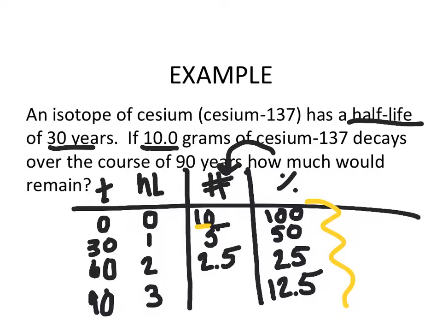And for half-life 3, we have half of 2.5 left, which is 1.25. So our answer is after 90 years, you are only going to have 1.25 grams of cesium-137 left.